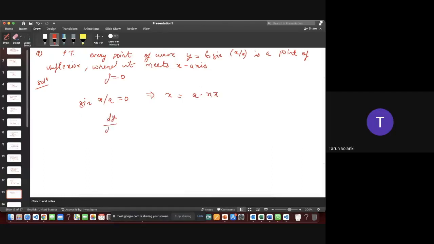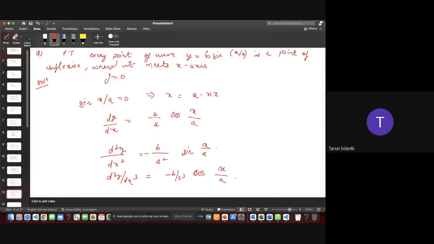So dy by dx is equal to b by a cos of x by a, right? d square y by dx square is minus b by a square sine of x by a, d cube y by dx cube is minus b by a cube cos of x by a.